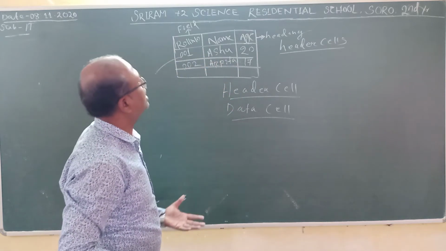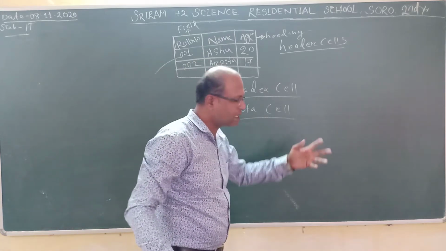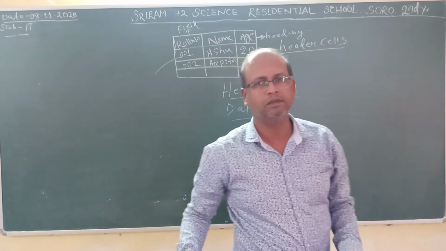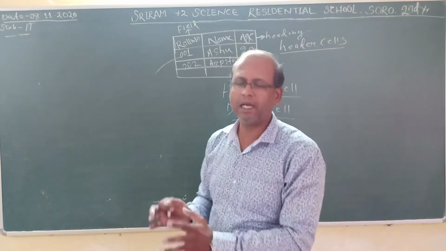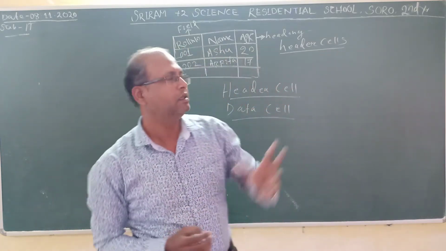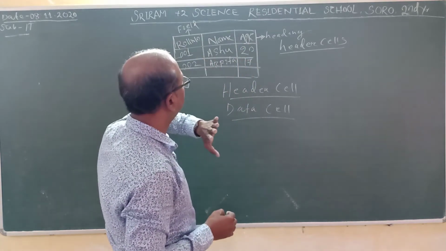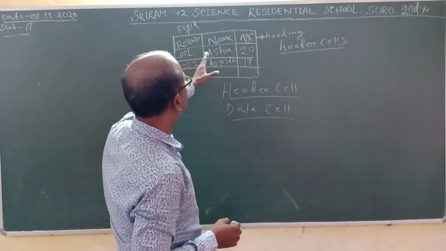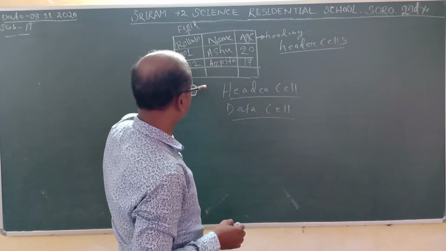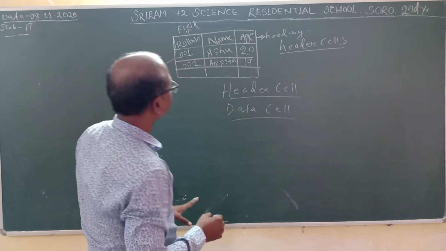And the remaining cells of the table are known as the data cells, and data cells contain the data regarding the heading of the table. Clear? Here roll number is the heading, name is the heading, age is the heading, and 001 Asu 20 is the value, 002 Arpita, and 17 is the what?